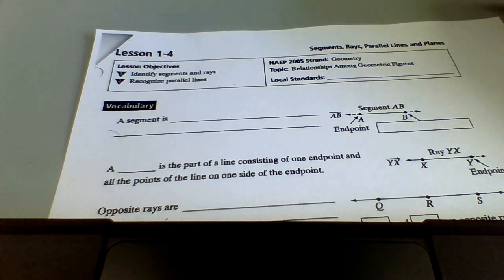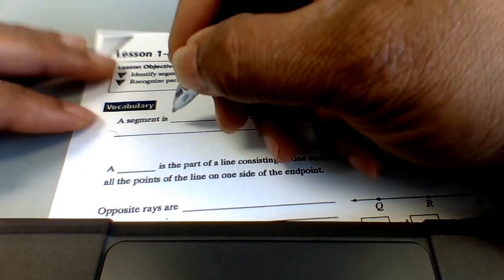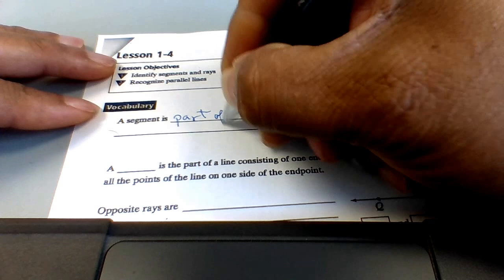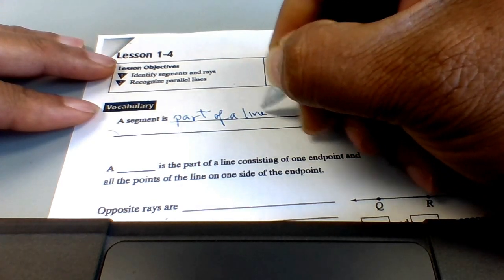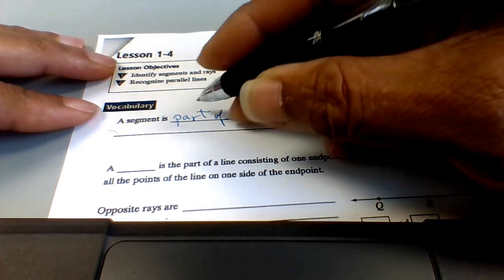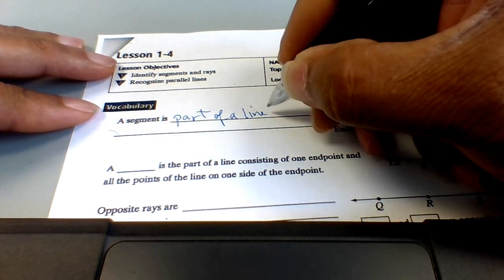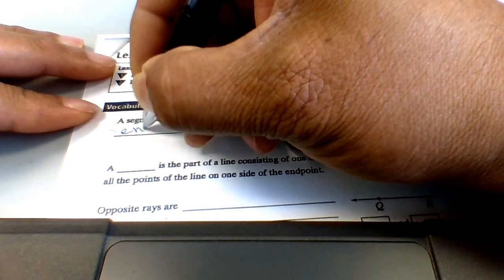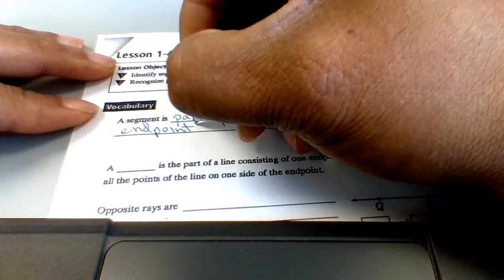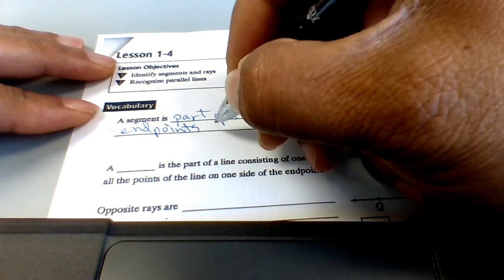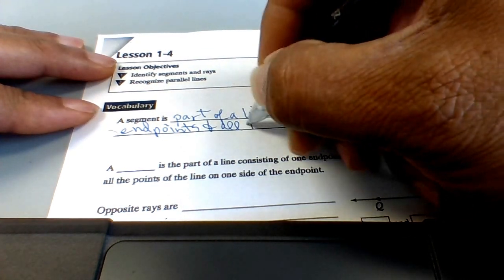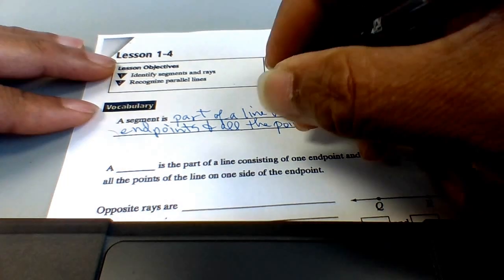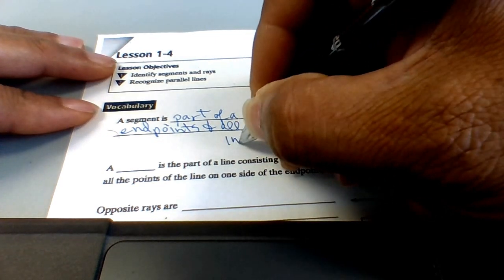Vocabulary. A segment is part of a line. A segment is part of a line with endpoints and all the points in between.